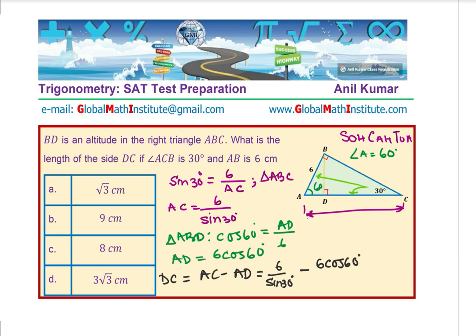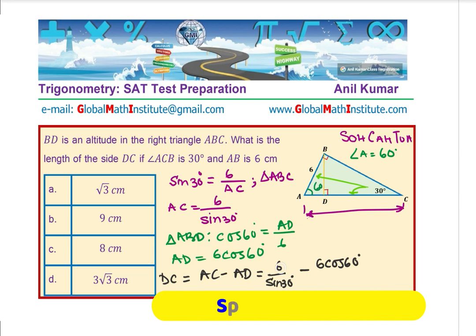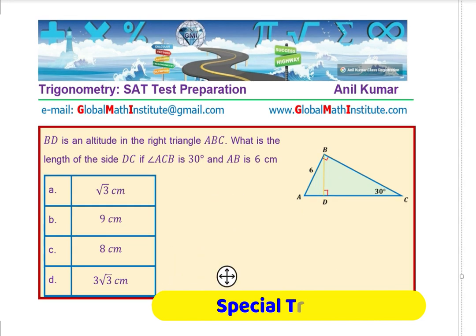And you get your answer. If a calculator is allowed, just calculate and get the answer. If it is not allowed, go back to the special triangle. Knowledge of special triangles is a must, right?